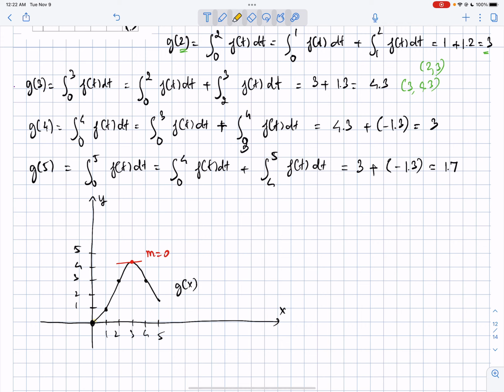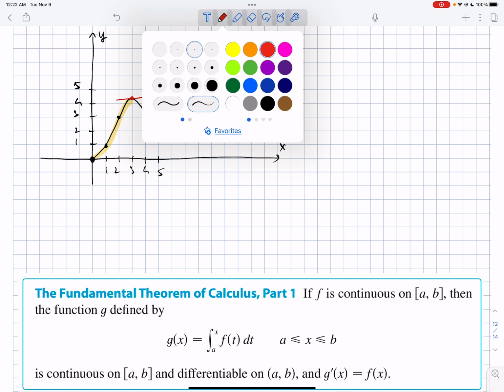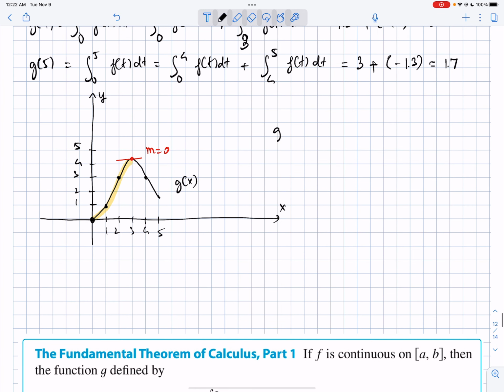And let's pay attention to this piece. The graph is increasing, so g of x is increasing from 0 to 3, and g of x is decreasing from 3 to 5.